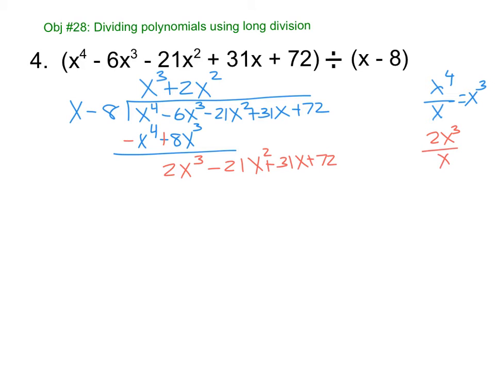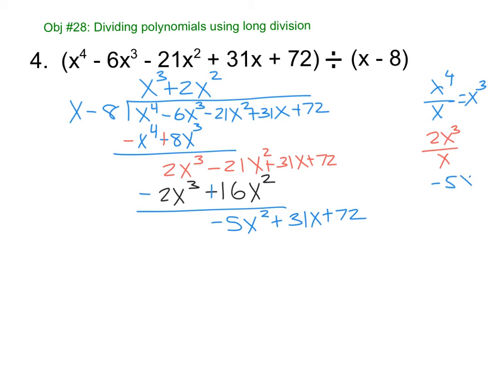I literally had to erase this entire thing because I multiplied wrong. I said this was minus 8x, but I forgot to multiply. 8 times 2 is 16. So it's really, really easy to make silly mistakes here. Minus plus. So this becomes negative 5x squared plus 31x plus 72.